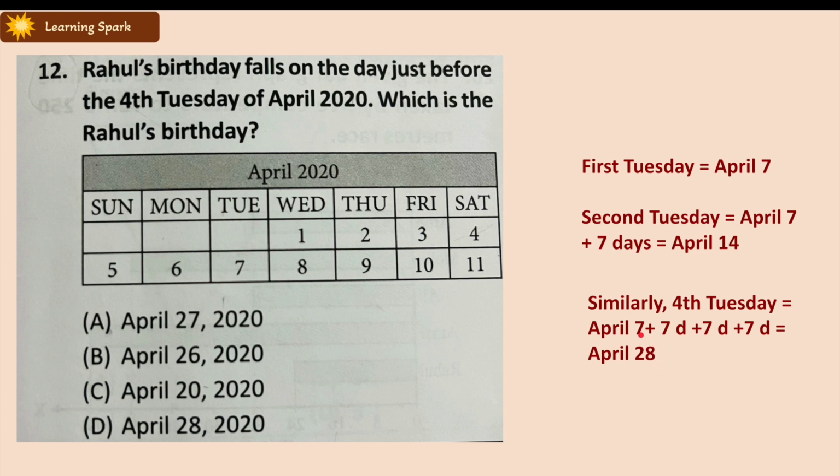The second is 14th, third is 21st, fourth is 28th. But it is saying the day before the fourth Tuesday, so that will be April 27th. So the answer is April 27th, 2020.